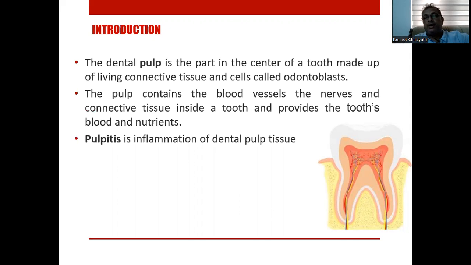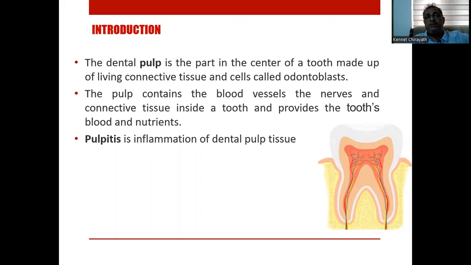It contains blood vessels, nerves, and connective tissue. So the pulp, which is surrounded by the dentin, contains connective tissue with blood vessels, nerves, and lymphatics.